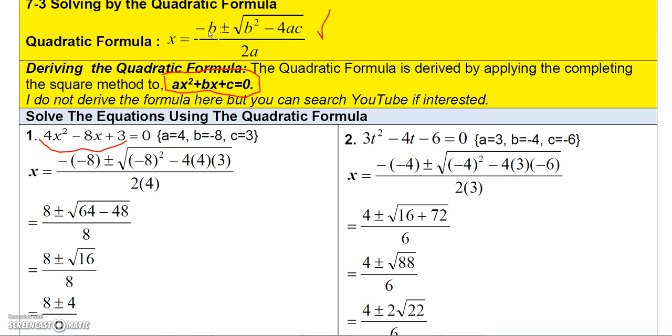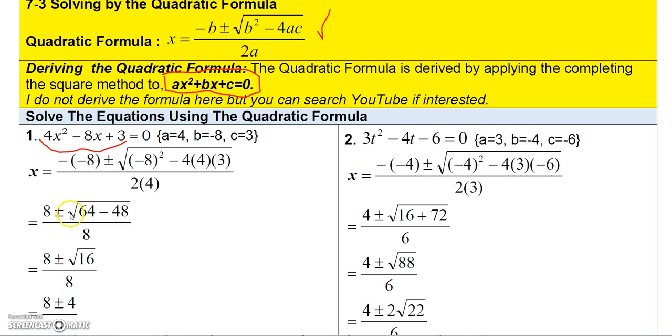You'll notice it says minus b. So we take the opposite of whatever b is, so that's going to be minus negative 8. And then we do plus or minus the square root of b squared, so that's going to be negative 8 squared, minus 4 times a times c. So that's minus 4 times 4 times 3. Now when we do minus negative 8, that's going to make it a positive 8.